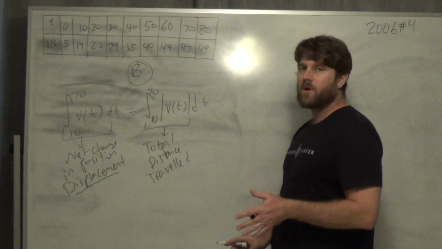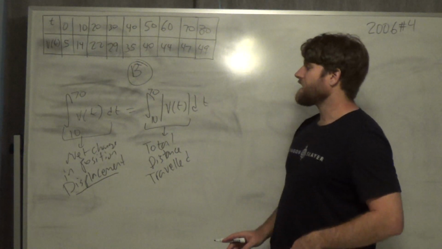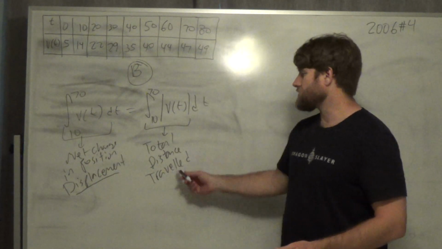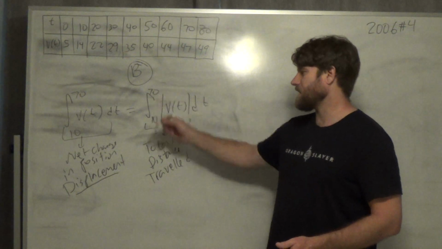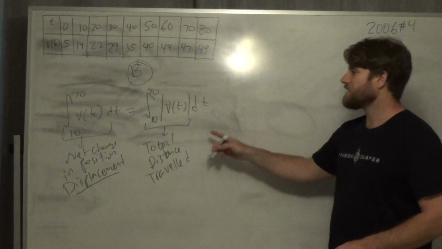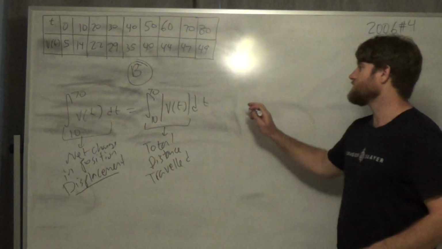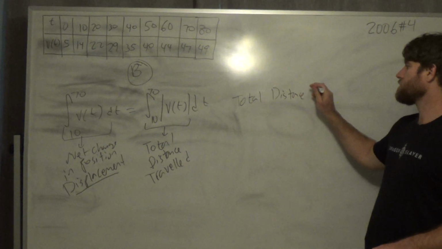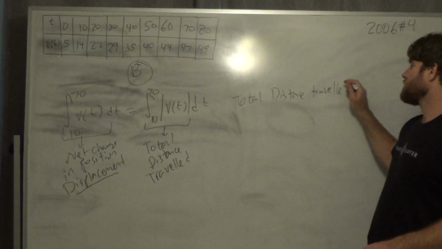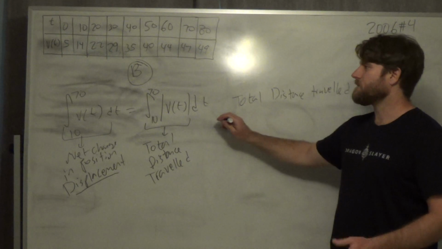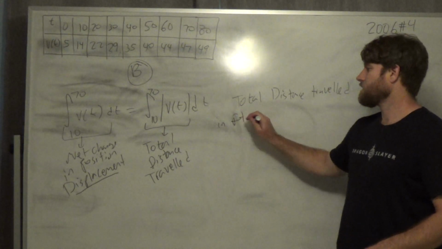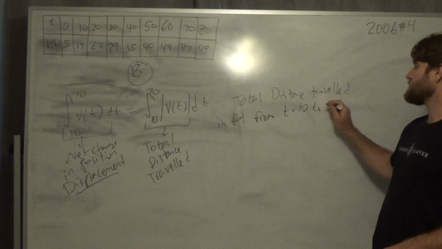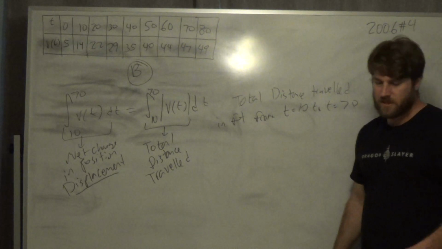So a quick important note: instead of saying this is the rocket's displacement, we can simply say it's the total distance traveled by the rocket, in feet, from time equals 10 to time equals 70, or over the interval 10 to 70.